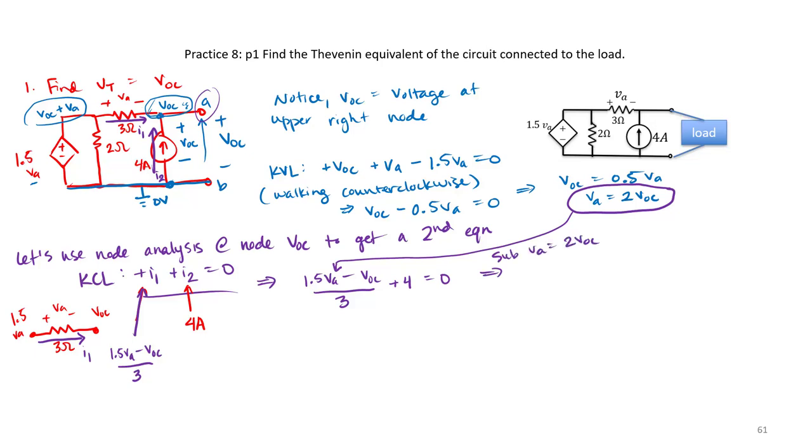If I do that, then I determine 1.5 times 2 VOC minus VOC divided by 3 plus 4 equals 0. I have one equation, one unknown. I can solve this for VOC. Let's go ahead and do that real quick. We multiply both sides by 3.